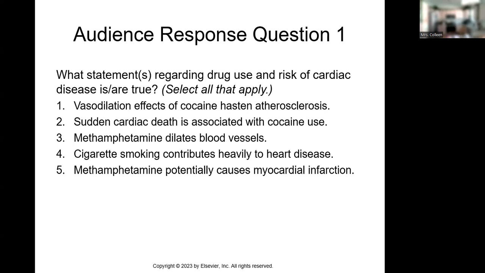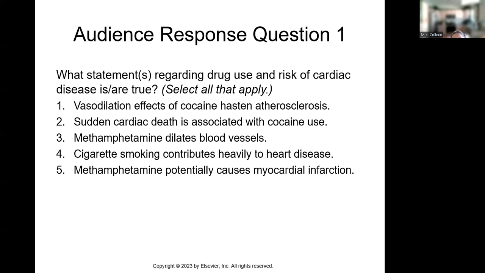A lot of times, if it's a person that is abusing cocaine, if they have cardiac death, it's more than likely due to the cocaine use. A lot of celebrities have experienced this. Those that have overdosed. Okay, that's how they usually die. The overdose, especially in cocaine, will cause sudden cardiac death. Okay, so two is correct.